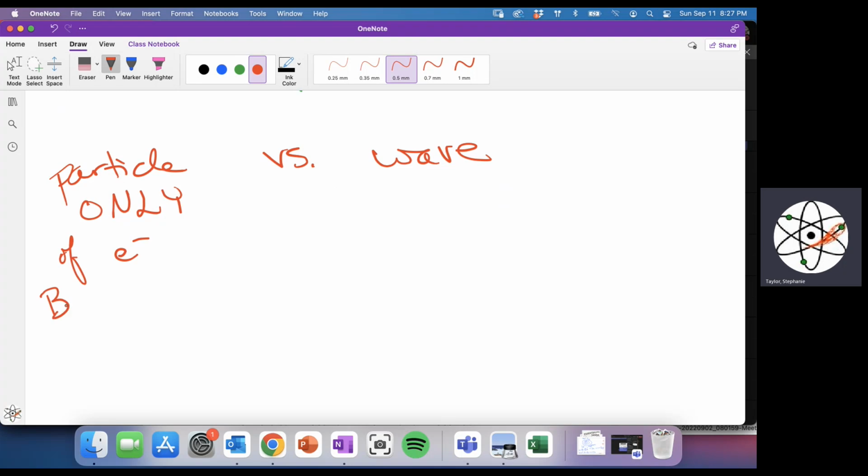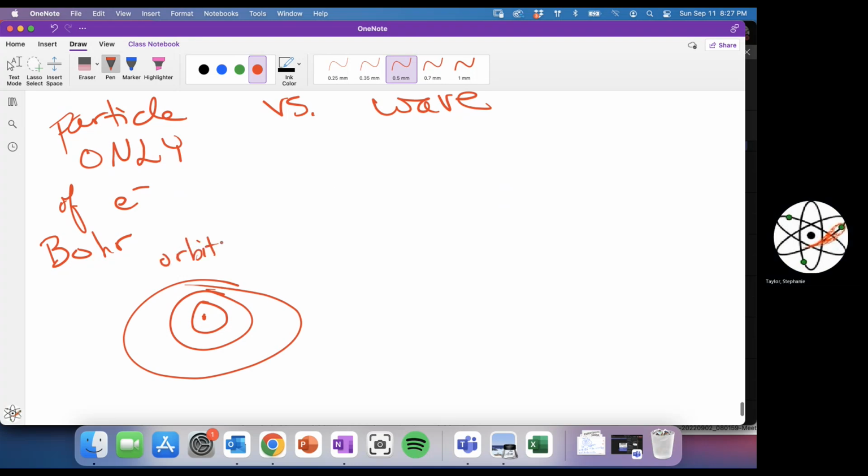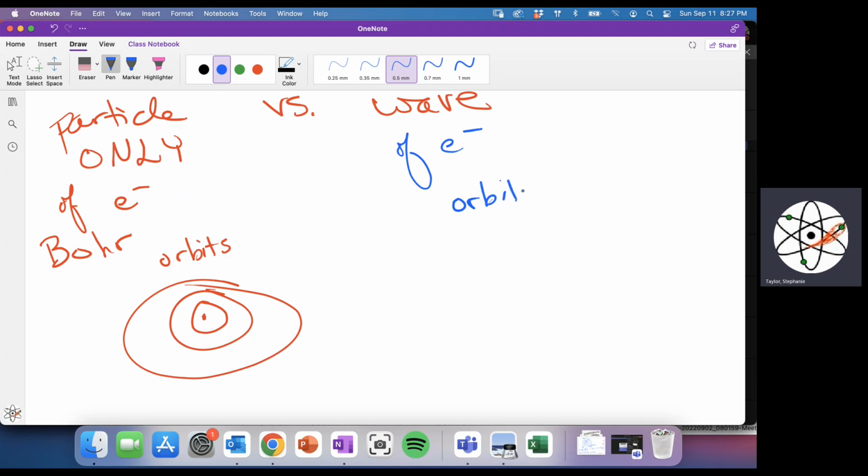And that was essentially the Bohr model. So Bohr's model said particle only. Bohr's model also said that you have orbits and that your electrons are essentially on those orbits and that's where they stay. When you start to talk about wave properties of electrons, this is where we start to get into orbitals.